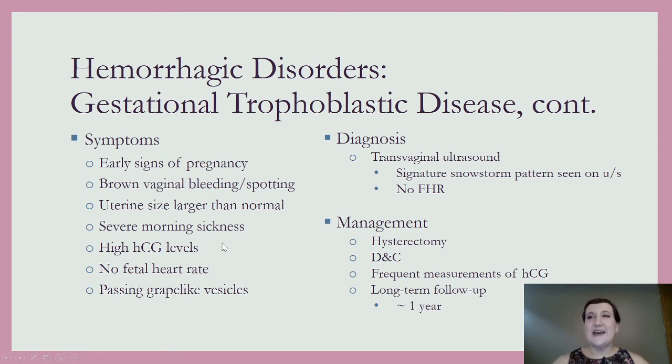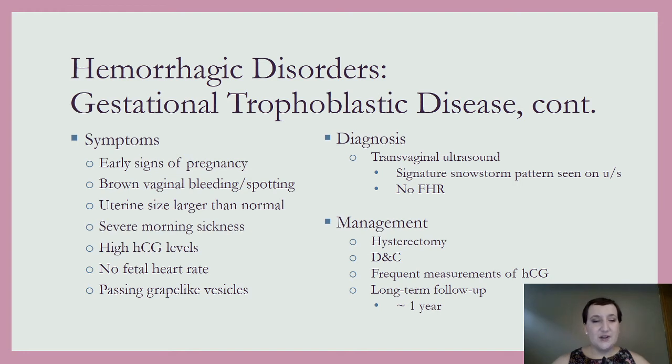As that HCG is being pumped out by these rapidly dividing early placental cells, we end up with severe morning sickness because it's HCG that's making us vomit and have nausea. It's going to be so severe that we're going to be able to pick it up on those fluid and electrolyte labs.